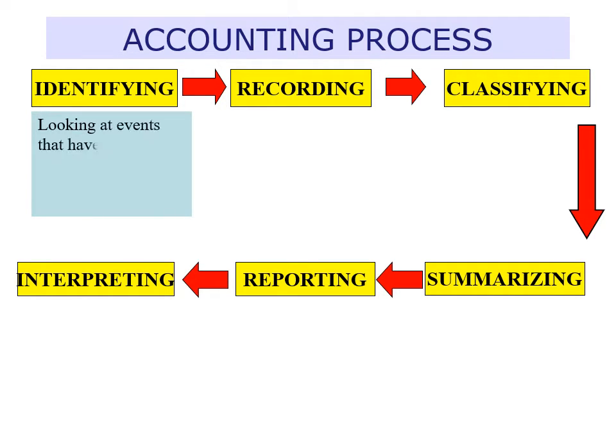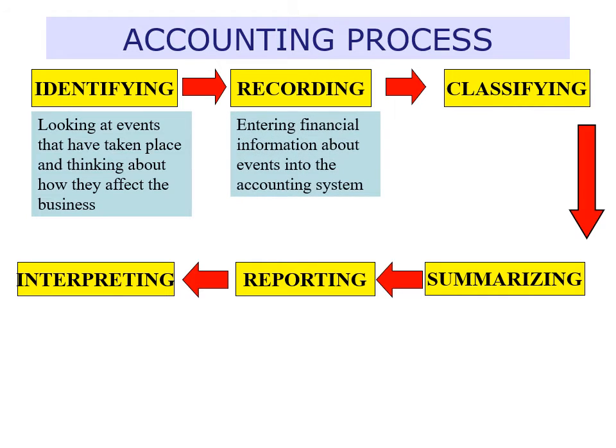The process of identifying is looking at the events that have taken place and analyzing how they would affect the business. At the identifying stage, we usually observe the source documents and interpret how the event actually affects the business.